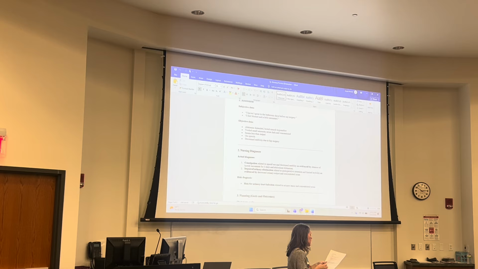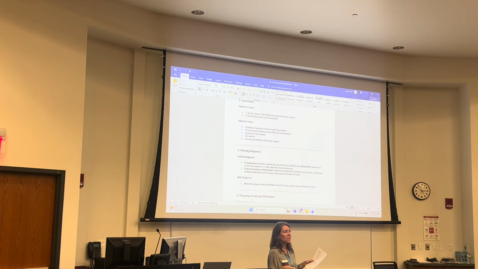Okay, and then the third one, because of these problems that are going on, they're also at a risk. So it's not an actual problem. They don't have a UTI right now, but if we don't resolve and focus on these things, they could develop a urinary tract infection. So there's no as evidenced by for a risk for nursing diagnosis because it's not occurring, but we know the cause of why they have a risk is because they're having urinary stasis, which just is another term for saying they're not emptying their bladder like they should, and the concentrated urine.